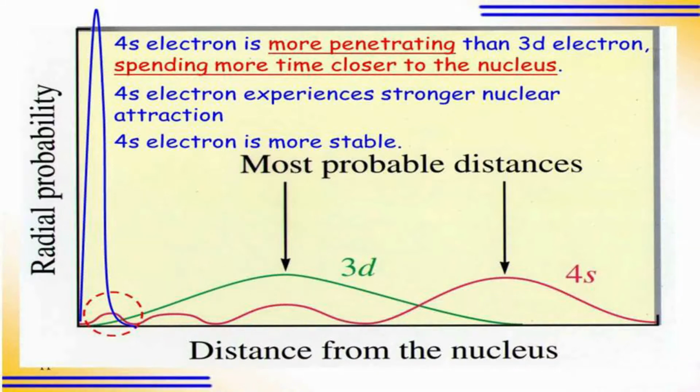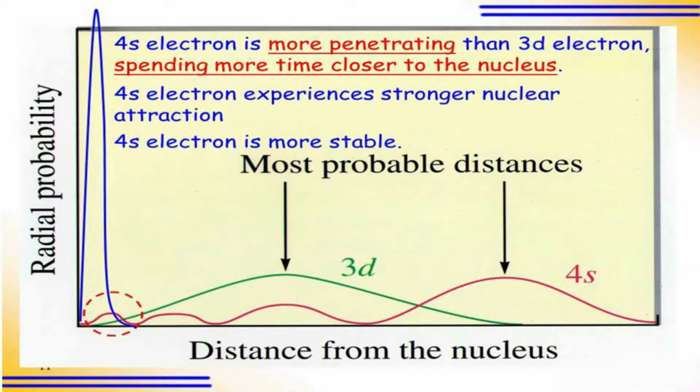We need to understand the probability of finding the electron in the 4s. This 4s orbital has 3 nodes, and in the red dotted circle it is represented. Near the nucleus also, its chances are there to spend time. So most of the time the 4s electron spends near the nucleus compared to 3d.